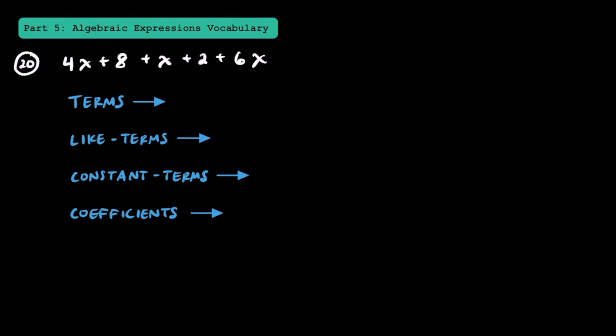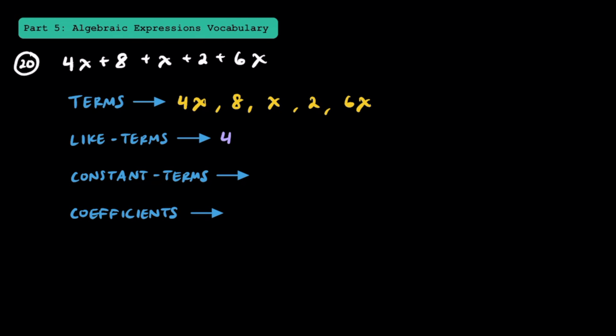Here in part 5, we're going to review algebraic expressions vocabulary. Let's look at the expression 4x plus 8 plus x plus 2 plus 6x. The terms here are going to be 4x, 8, x, 2, and 6x.